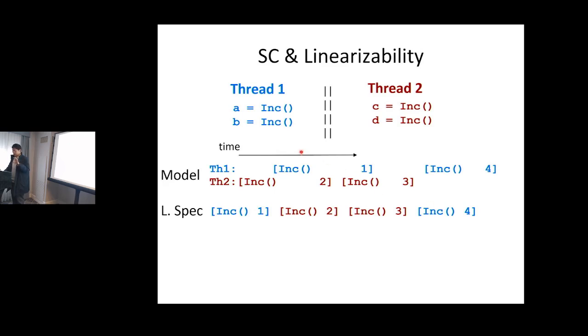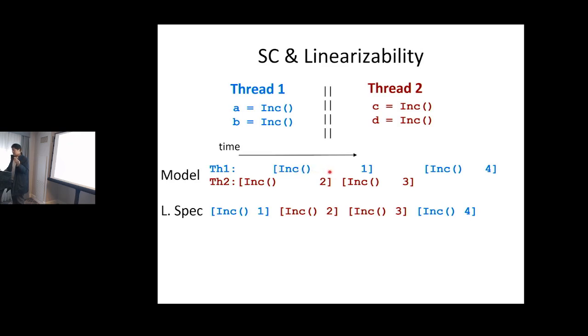Now I will give a real behavior on the SC model, okay? This program may behave in this way, and this is the timeline. At the beginning, inc in thread 2 may be invoked, so it starts to execute. And in the middle, thread 1's inc may be invoked and start execution, right?